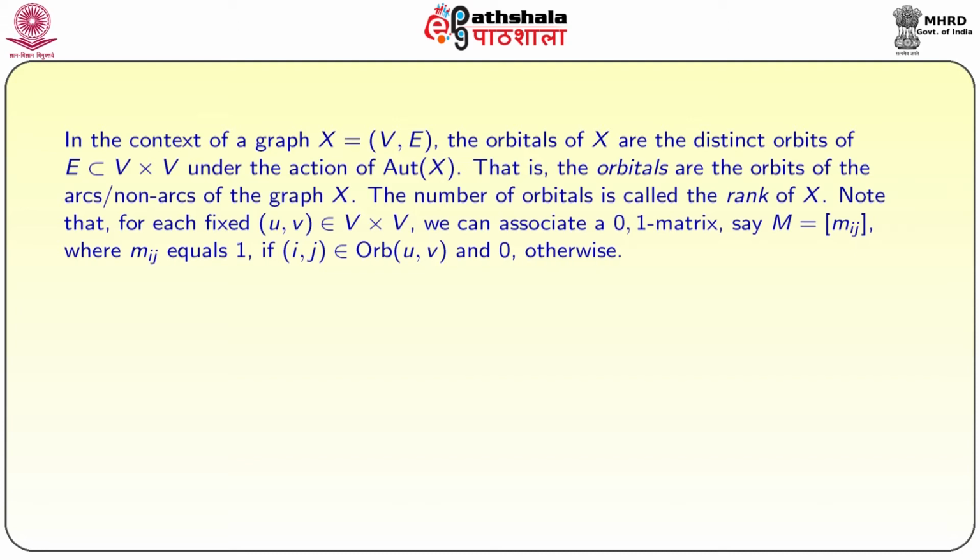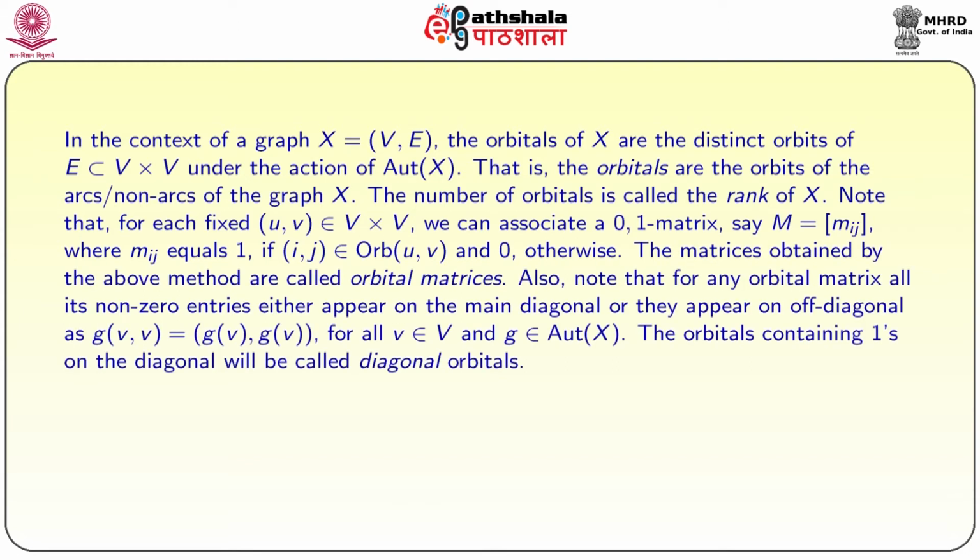Note that for each fixed (u, v) belonging to V cross V, we can associate a 0-1 matrix M such that M_ij equal to 1 if (i, j) belongs to the orbit of (u, v) and 0 otherwise. The matrices obtained by the above method are called orbital matrices.